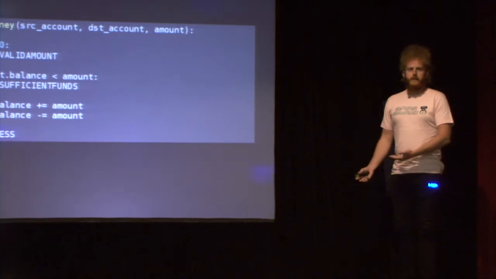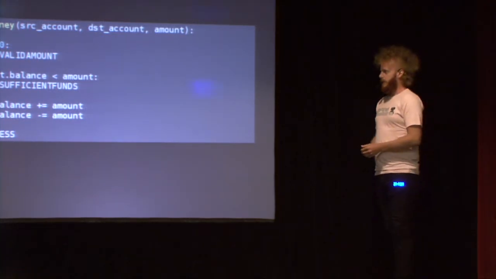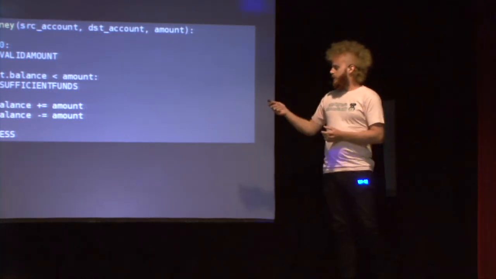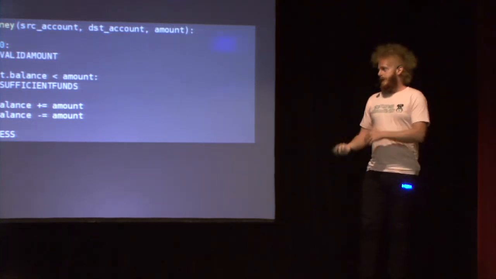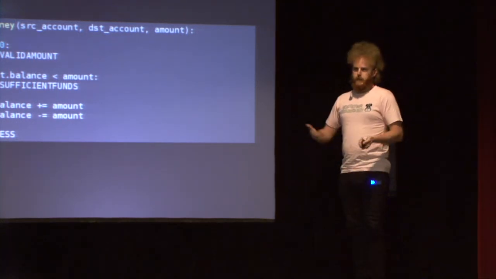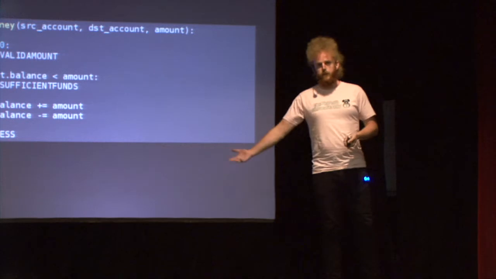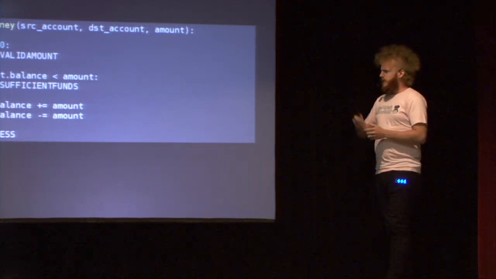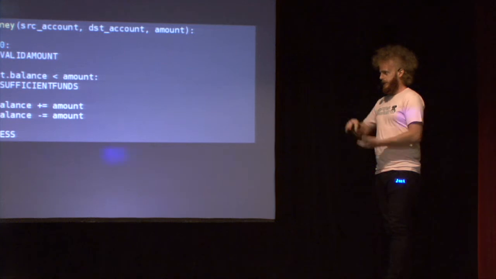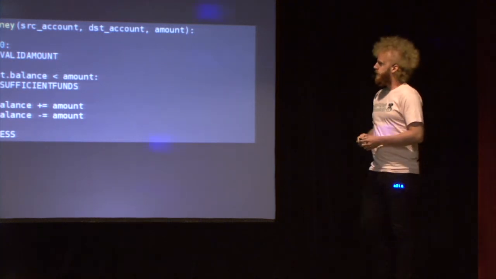If you've got $20 in your account, you shouldn't transfer 30. That's forbidden. After we've done that, we're going to increment the balance of the destination account and decrement the balance of the source account, right? That's how transactions work. If I'm transferring $20 to a friend, their balance goes up by 20, mine goes down by 20.